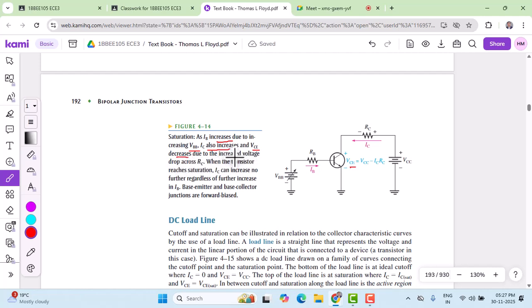Because of the increased collector voltage drop, when the transistor reaches saturation, IC doesn't increase further regardless of the increase in the base current. That shows that the base emitter and base collector junctions are both forward biased. This is the condition for the saturation region, and the circuit setup to operate a transistor in the saturation region is shown here.